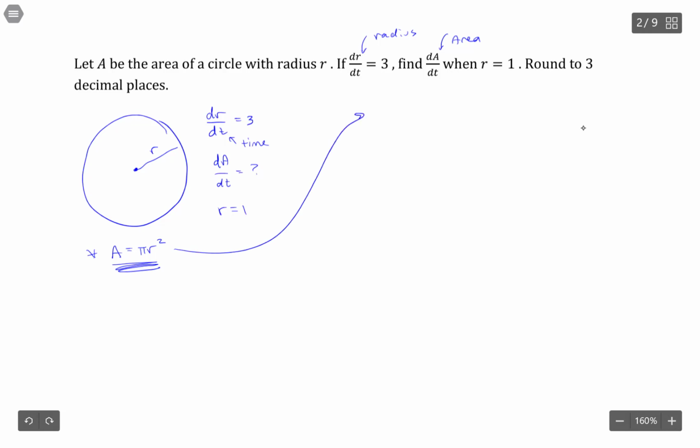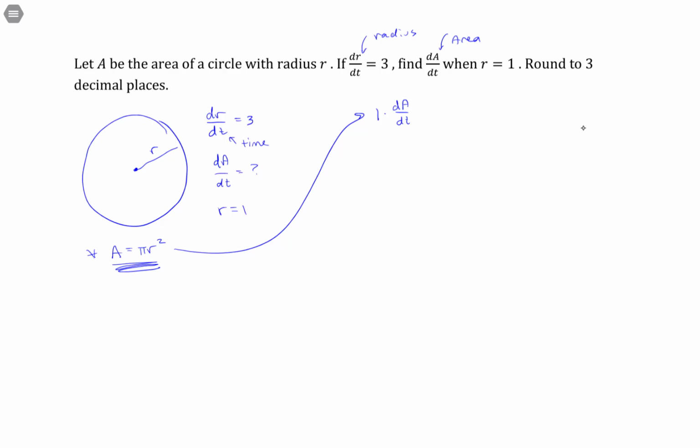So differentiating this implicitly would look like the derivative of a variable A with respect to time. So A itself would be a linear variable. Its derivative is 1. But when we differentiate a variable with respect to some other variable through implicit differentiation, we then multiply by the derivative of the inside part, which is dA/dt.